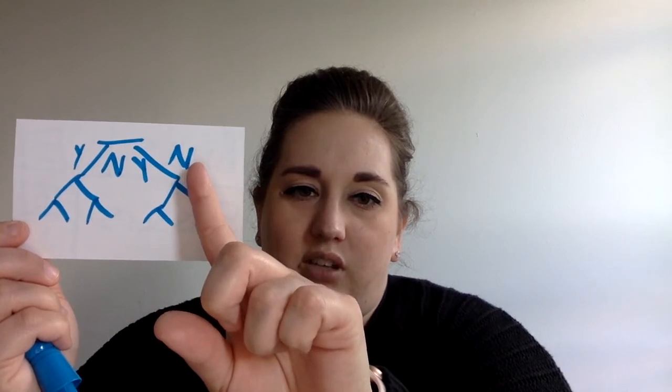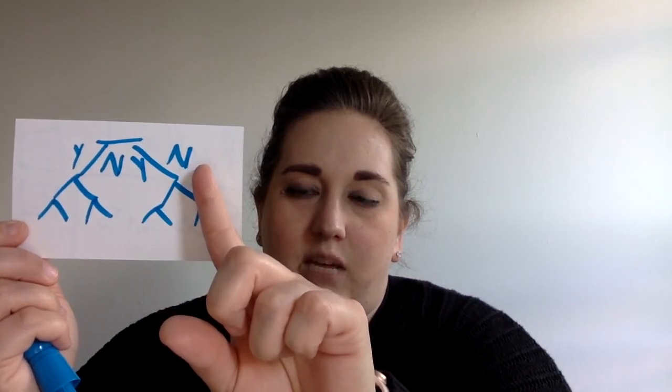So then it's going to ask you another question. Does it belong in a tree? Nope, you're going to follow it that way. And so on and so forth. So you're going to have to look at the characteristics of that animal to figure out where on this page this picture should go.